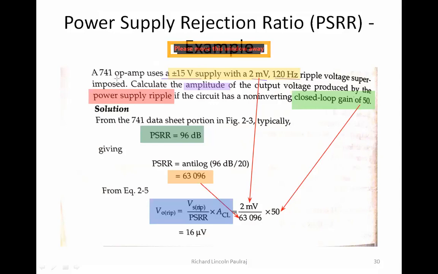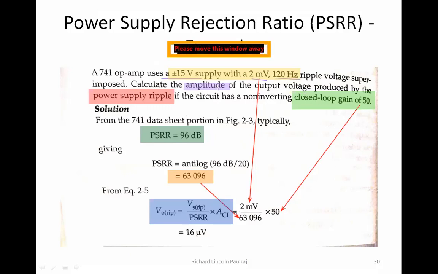A 741 op-amp uses a 15 volt supply, and this is the currents and the frequencies, the ripple voltage superimposed. Calculate the amplitude of the output voltage. Don't get confused. When I say amplitude of output voltage, it is as good as calculating the output voltage itself.